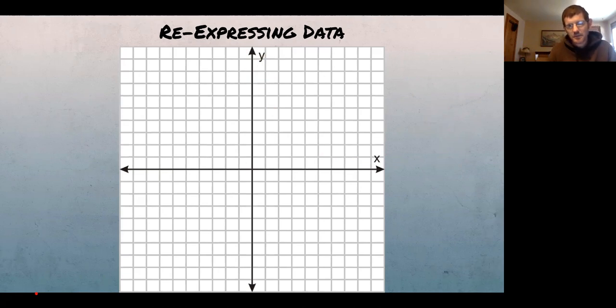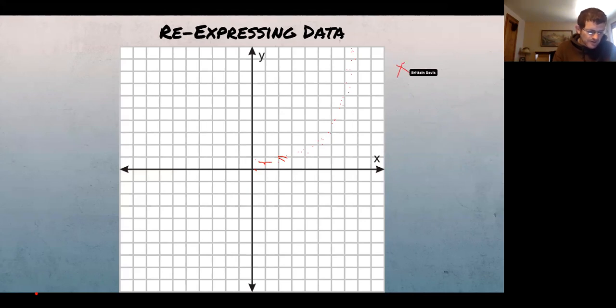Let's go back to scatter plots now. If we had a scatter plot that seemed to be maybe exponential, all right, we can't do a linear regression with an exponential trend. We need it to be linear. So the way that we can make it linear, well, let's say this to make it simpler. Let's say this is quadratic.